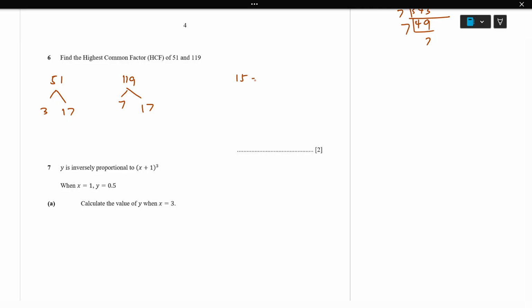So 51 equals 3 times 17, and 119 equals 7 times 17. The highest common factor is only the common thing, which is 17.